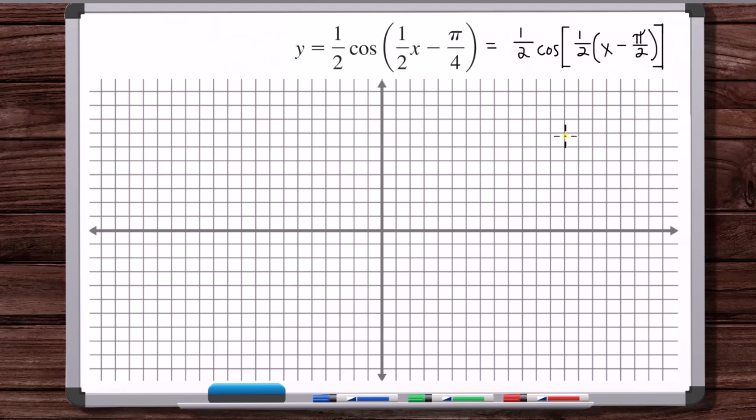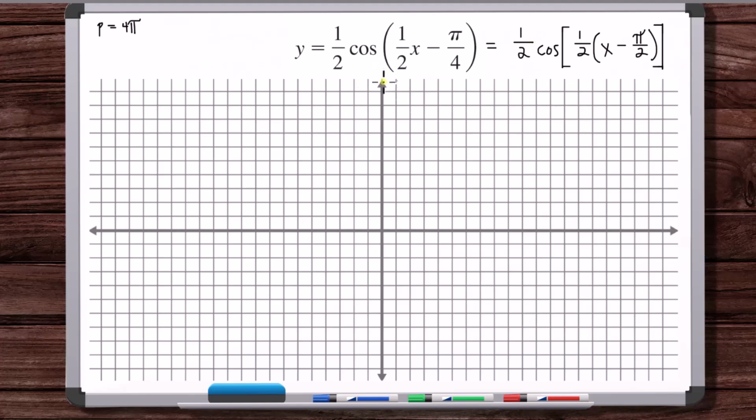So this has been shifted to the left pi over 2. It's been scaled up about the x-axis by 2. So the period's going to go from 2 pi to 4 pi. And then the amplitude has been scaled down by 1/2.